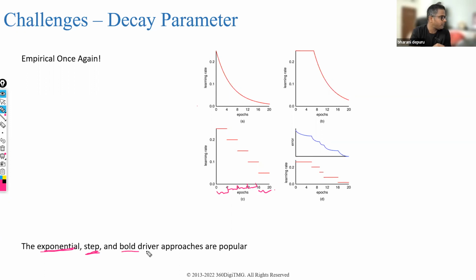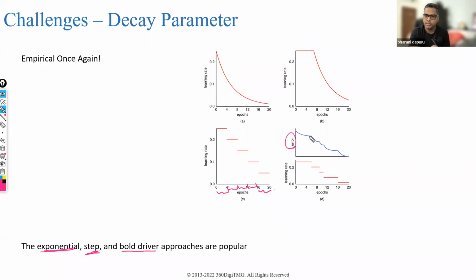And then you also have the bold driver approach. In the bold driver approach, as long as the error is reducing, you let your learning rate be the same. The learning rate value will remain the same as long as the error value is decreasing.